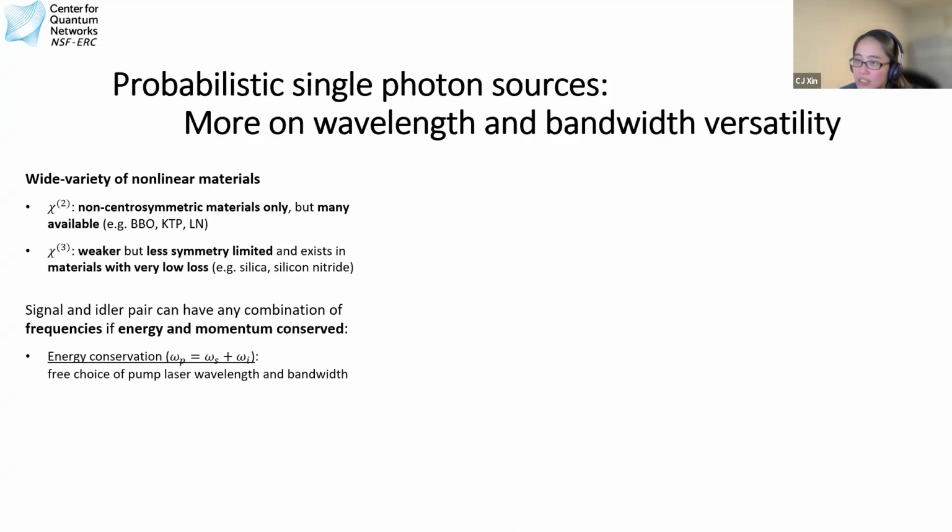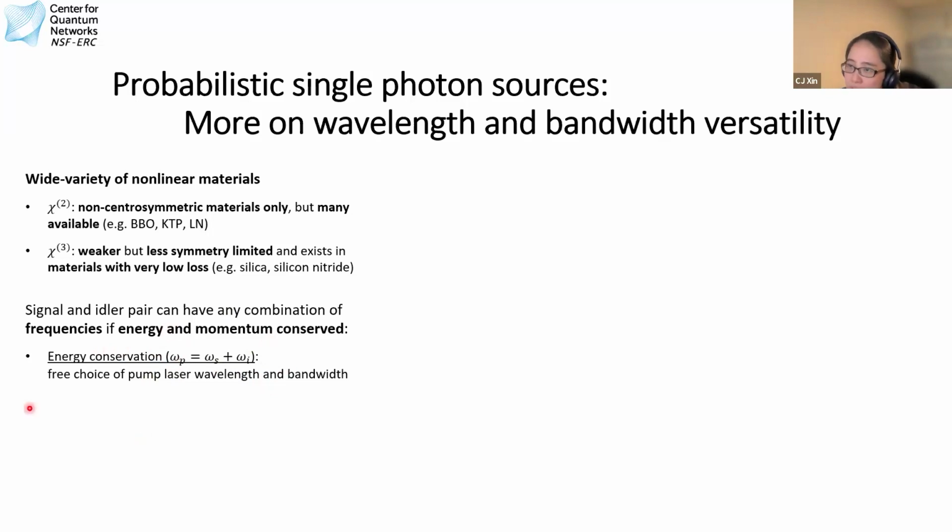So let's look at energy conservation. What that turns into, strictly speaking, is that your single photon energy of the pump must equal the sum of the single photon energies of the generated photons.